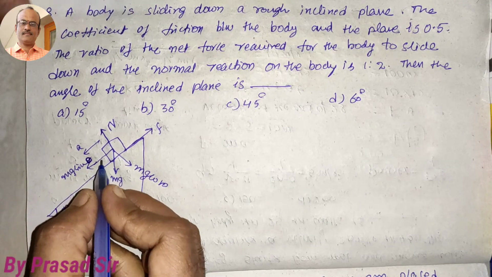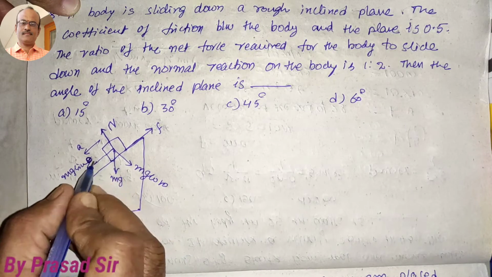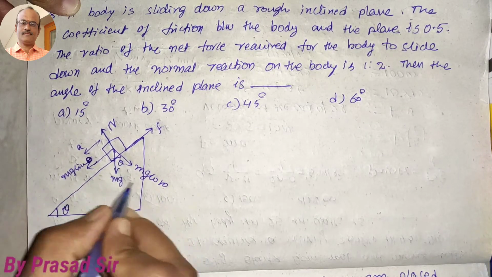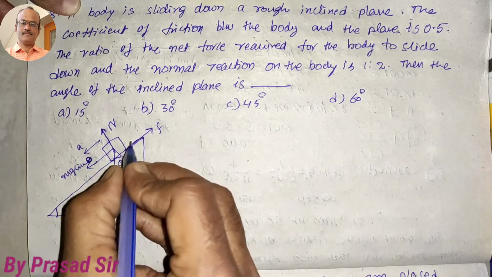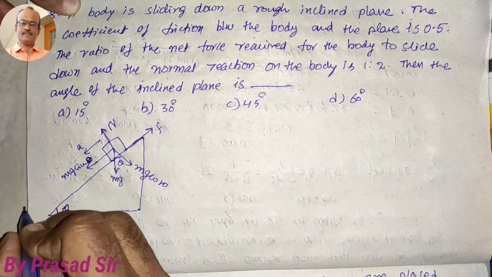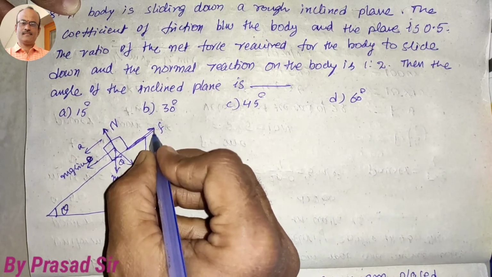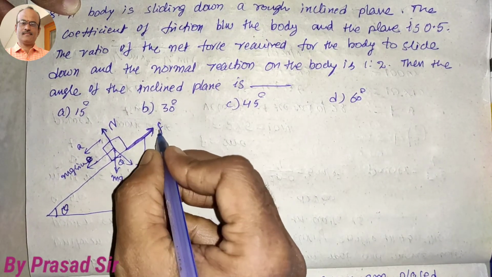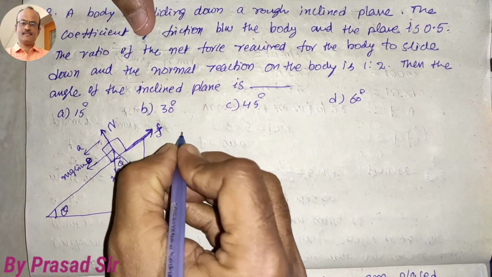The body is sliding down on the rough inclined plane like this. The weight acts downward, and we take its components mg cos theta and mg sin theta, and the normal reaction acts in the upward direction. The body coming down means acceleration is also this side, but the frictional force acts in the opposite direction. So first of all, what are the given values?